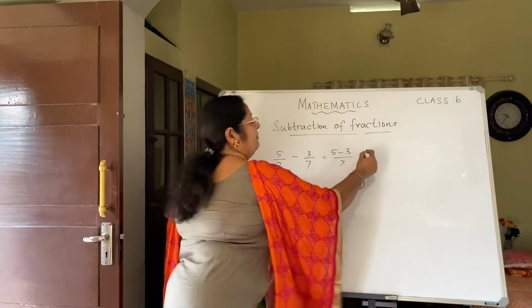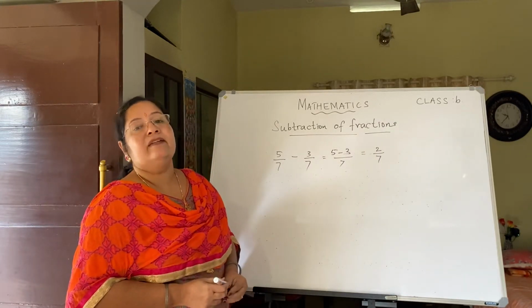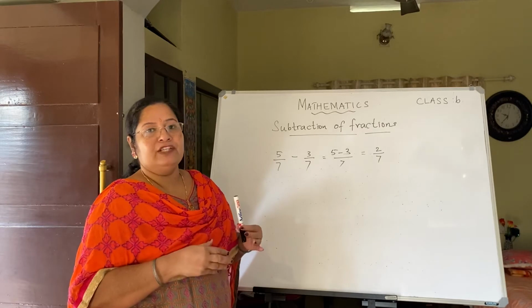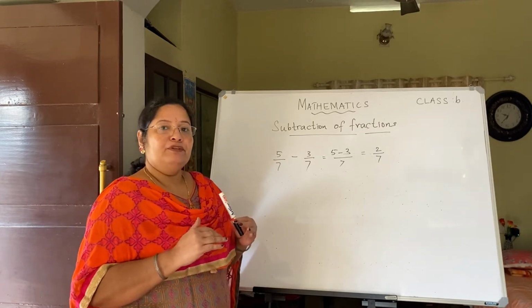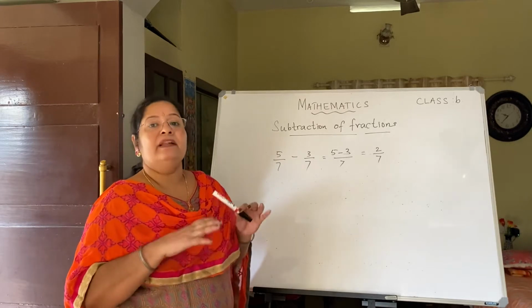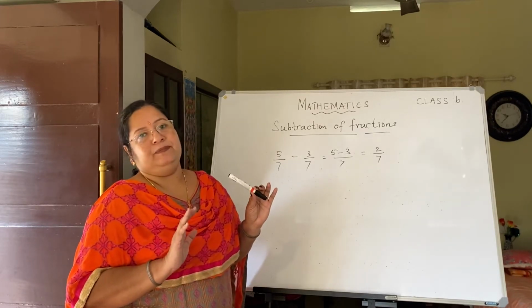So what is 5 minus 3? 2. So 2 by 7 is the required fraction. So to subtract two like fractions, what do we have to do? Subtract the numerators, keeping the denominator the same as that of the like fractions.